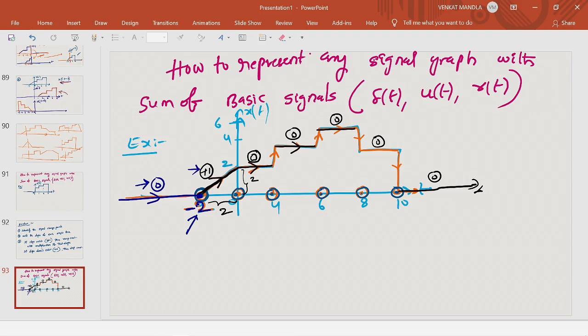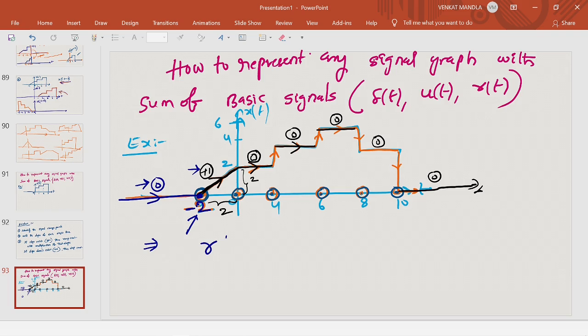Then if the slope difference is not 0, then a ramp signal exists. How to write the ramp signal? At t equal to minus 2, we are writing the equation, and the signal is a ramp signal.